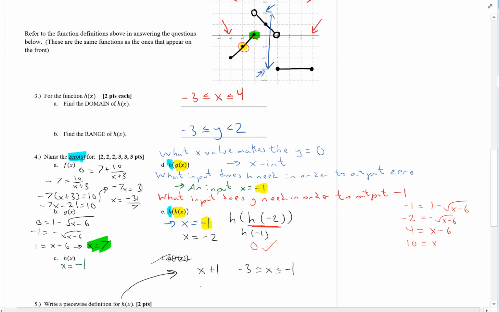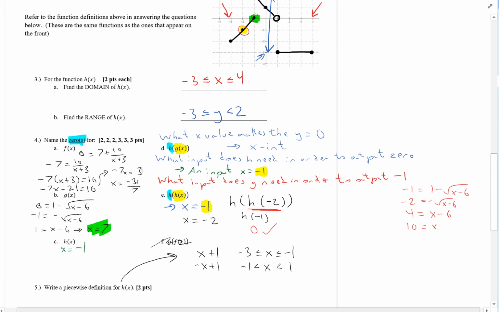My next line is the line negative x plus 1. It has a slope of negative 1 and a y-intercept of 1. That starts at the x value not equal to negative 1 because of the hole. So x is greater than but not equal to negative 1, and similarly less than but not equal to 1 because of the hole.